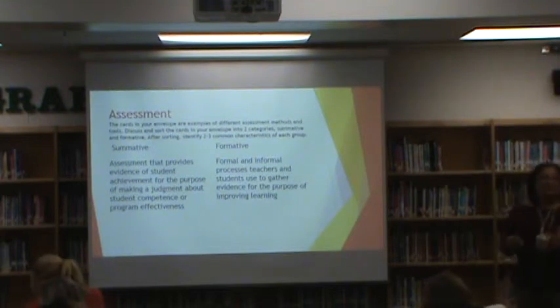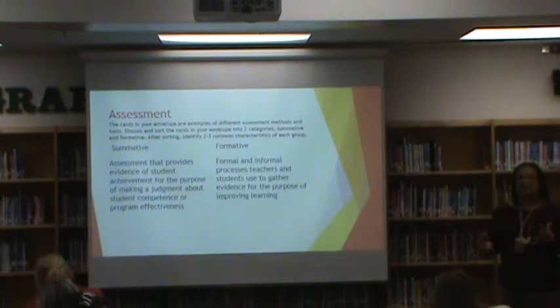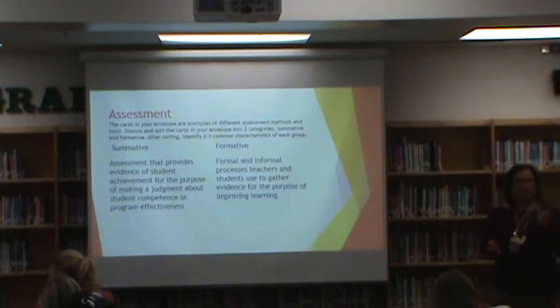As teachers we want to know the right answer, and the right answer is: it depends on the why. There are a couple that are pretty clearly formative, I think the learning style profile was one, to inform instruction.